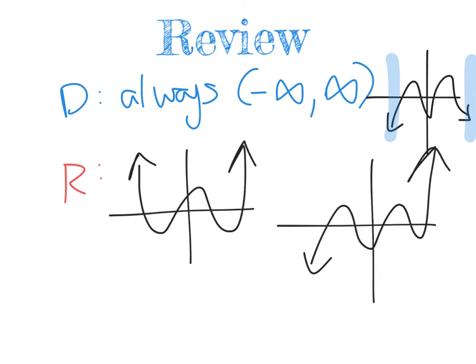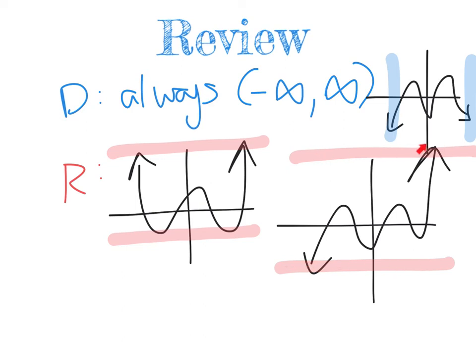For range, you could have a global minimum that goes from here, if you notice, from a number, whatever number that is, to positive infinity. Or maybe you have, like in this other scenario, the range down here to up here. Notice how down here we go from negative infinity to positive infinity because there's arrows on both sides.